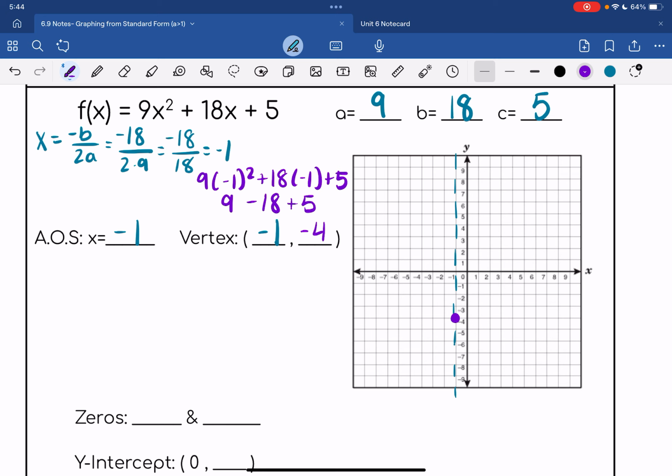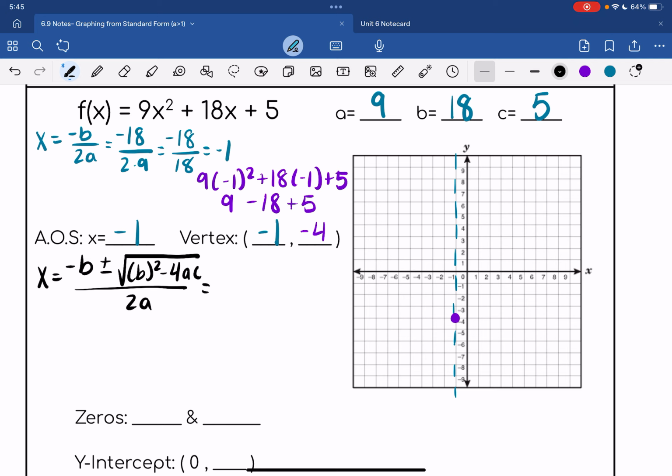Okay, next thing that we're going to do is the quadratic formula. So it's going to be x equals negative b plus or minus the square root of b squared minus 4ac all over 2a. Let me write that down real quick. And then let's plug things into that.